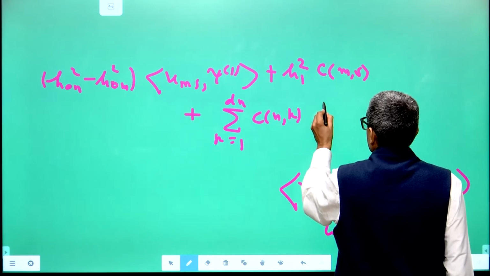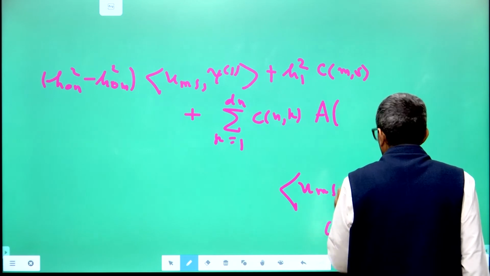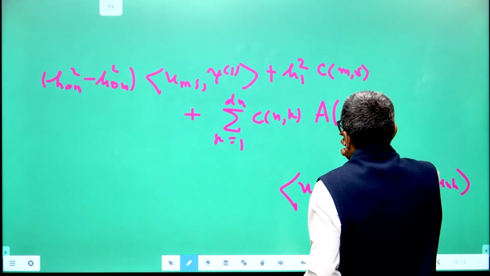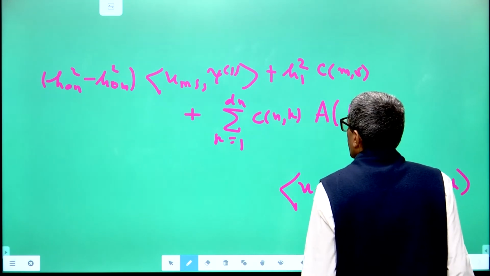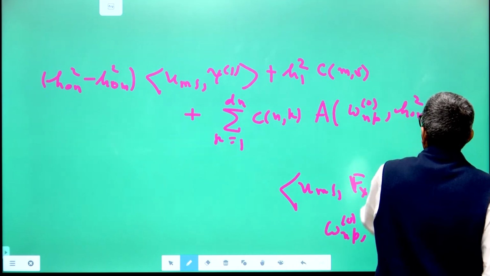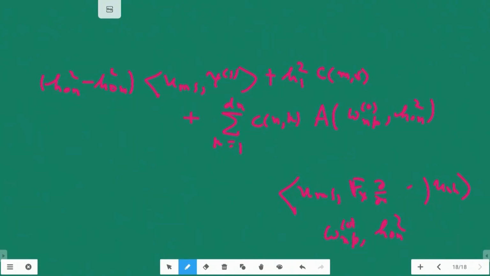So you can write this as some matrix A which depends on omega 0 np and also on h0n square, this secular matrix. For a fixed value of m it will depend on mn, through this inner product, and it will also depend on s and k.